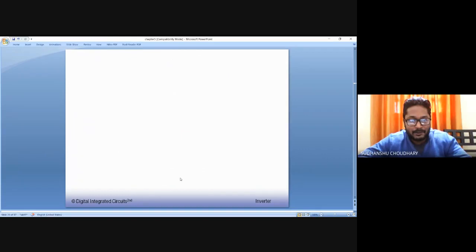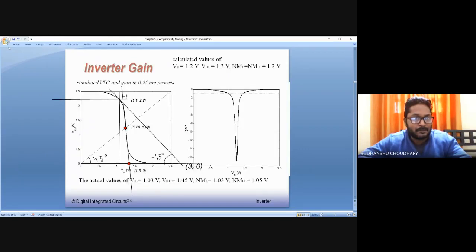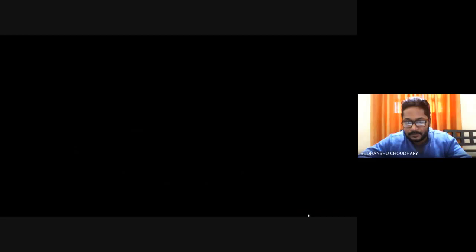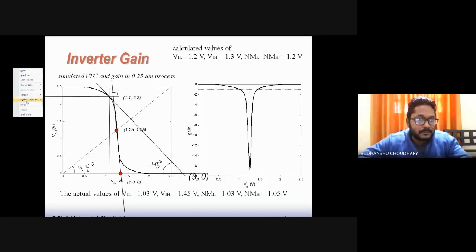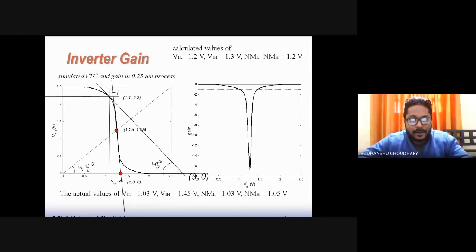So I'll go back again to this, maybe here itself we can calculate. So let us calculate it here. So I say y minus y1, that is, let's say this is x1, y1. So y minus 0, that means y, is equal to y2 minus y1, so this is y2 1.25 minus 0, so 1.25 upon x2 minus x1. So this is x2 1.25 minus 1.3.